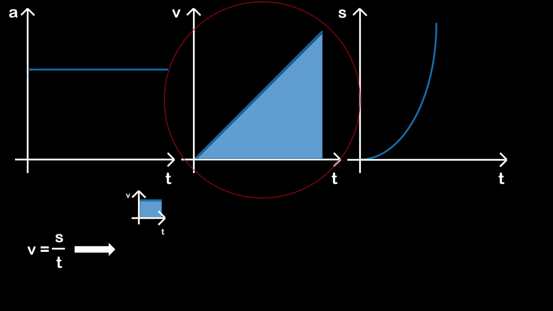What we can realize is that the area under the line, which I marked with light blue color, is a rectangle, and this rectangle tells us something. If we look at the equation and multiply both sides by t, we get that s will be equal to v times t.